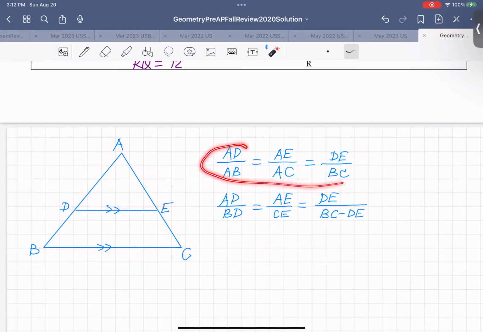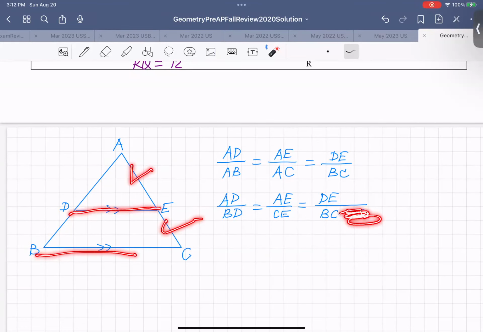But sometimes they don't give you the whole thing, they give you only a portion. If you use this portion, you can do AD over BD equals AE over EC, no problem. But you cannot say it equals DE over BC. This is wrong.